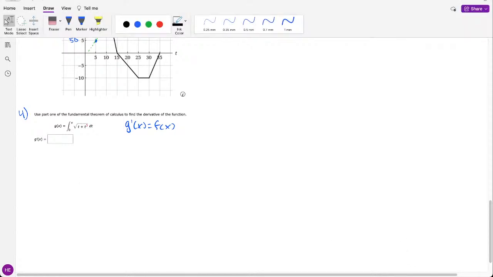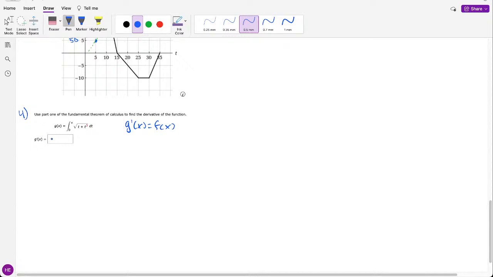Okay, so it's saying that the integral of something is the antiderivative. So this is really simple by just saying that g prime of x is the derivative of the antiderivative function, the integral from 0 to x of the square root of t plus t cubed.